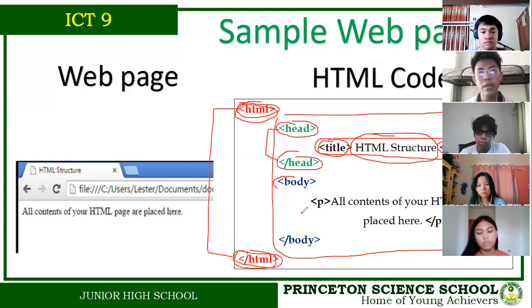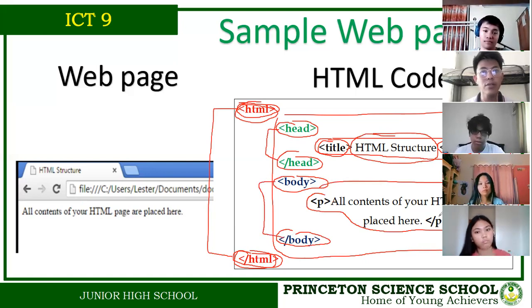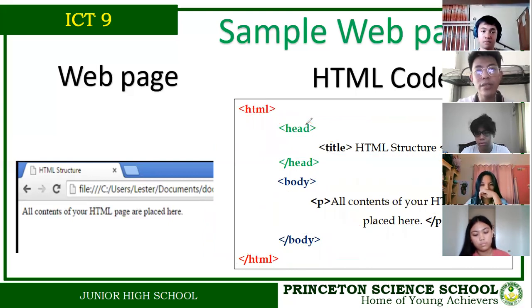The body is enclosing the p tag there, and the p tag is enclosing the contents there. So that is how the FILO concept works. So first tag in, last tag out. Okay, so that is how we are constructing our tags. It should always have something to enclose.